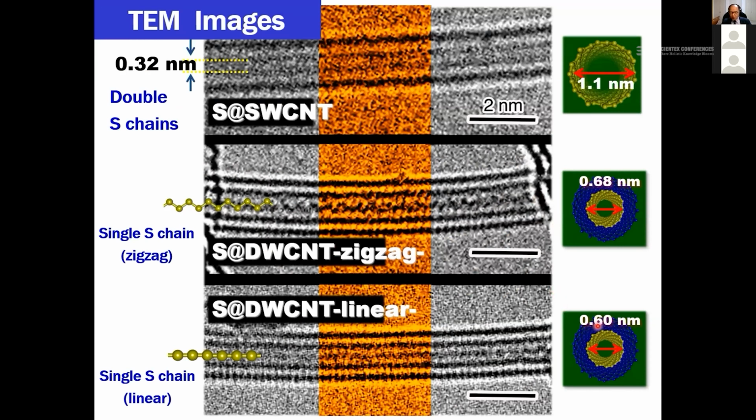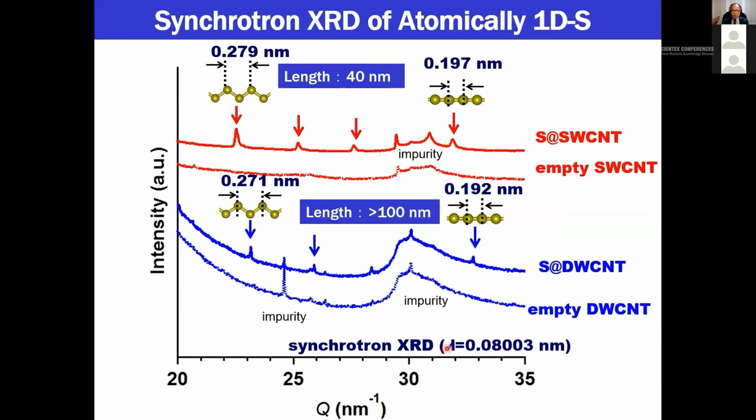And also in the 0.60 nanometer, narrower double carbon nanotube case, we can see the linear form of the sulfur chain. So we didn't apply high pressure, but we can observe a single chain of 1D sulfur, the zigzag and linear form of the sulfur.